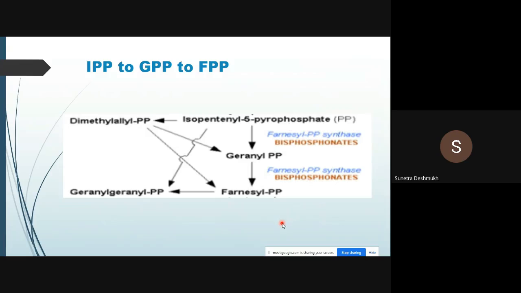Okay, so once we got IPP, the isoprenoid unit, we can convert this IPP to GPP, geranyl pyrophosphate, and from GPP we will go for farnesyl pyrophosphate.